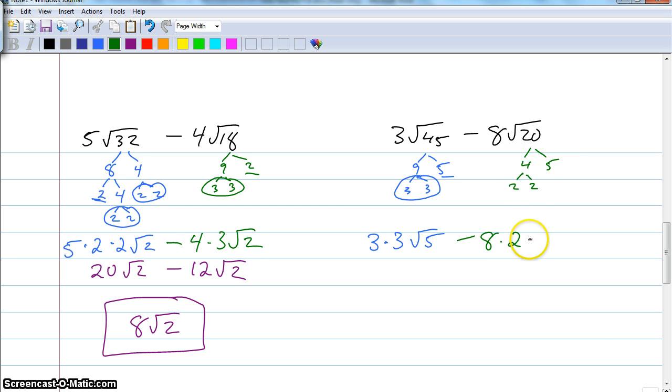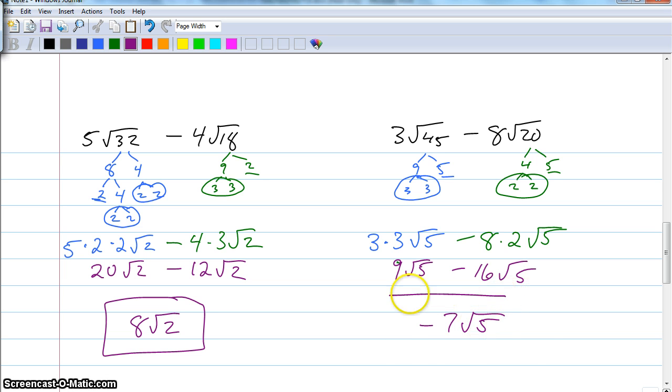Oh, sorry, I forgot. 2 comes out, that's this 2. This 5 got left behind. So this would be 9 root 5 minus 16 root 5. So now they're the same thing. So 9 root 5 minus 16 root 5 is a negative 7 of these root 5 things.